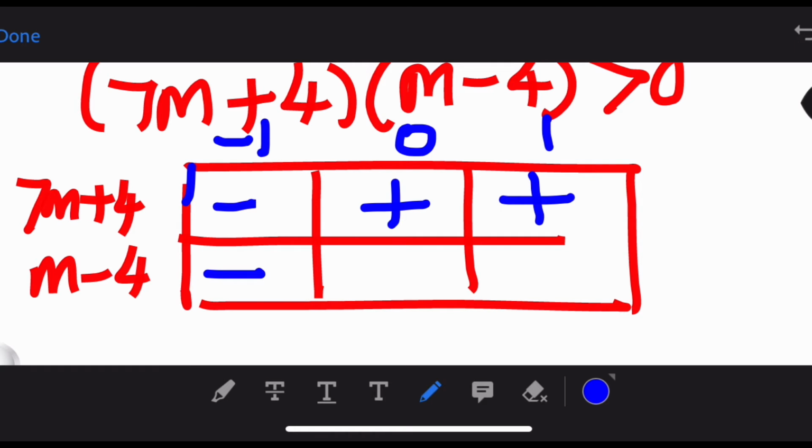Here will be negative also, here will be positive, 1 minus 4. Okay, let's see, we will choose more than 4, right? This one. Okay, just now for this one we chose negative 1, so for this one we choose negative 1, 0, and 5. Okay, 5 will give us positive, right?